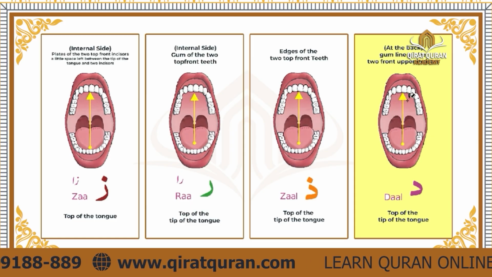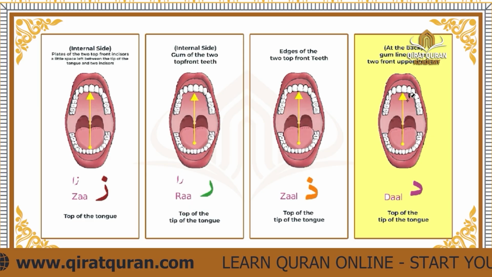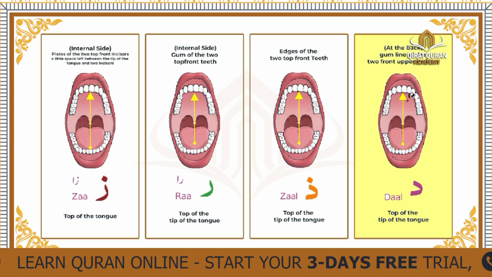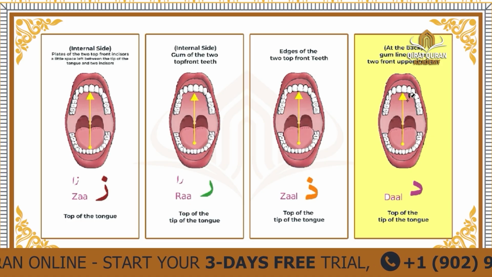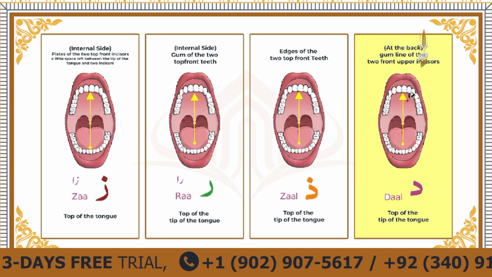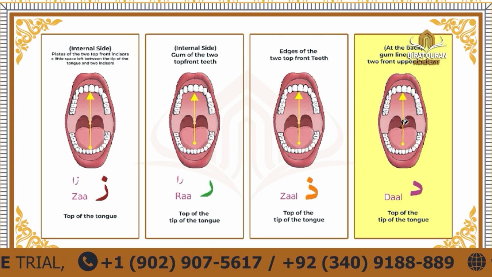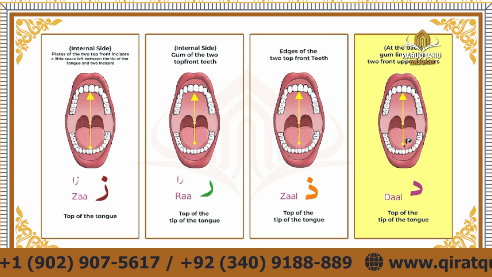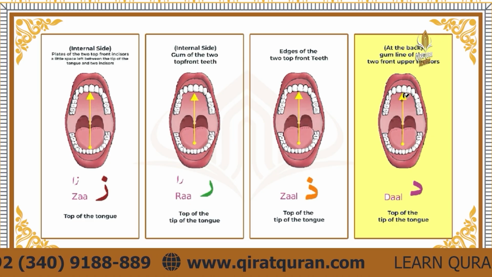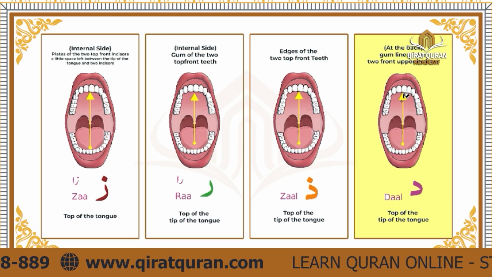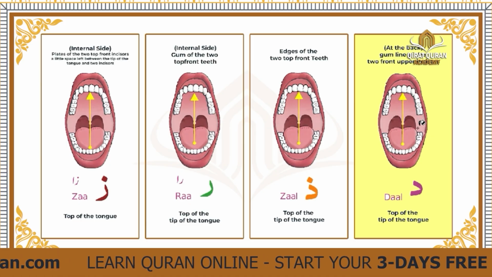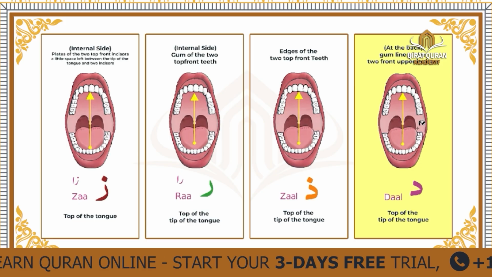So that's how you can easily pronounce dal. But your tongue will connect to the gum, not to the upper incisors. This is the tip of the tongue, and it will connect to the gum of the top two front upper incisors. Just try to read this.